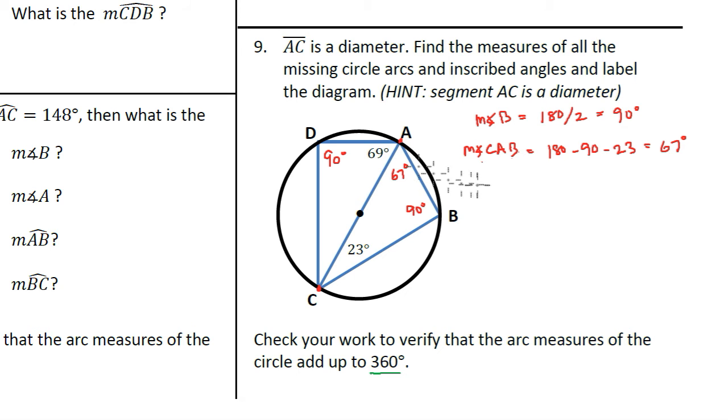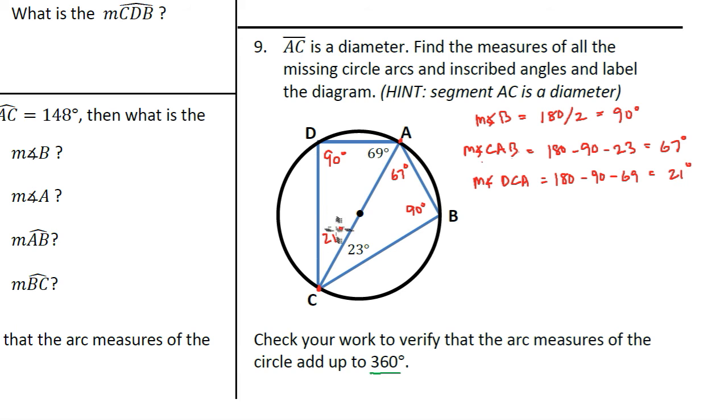There's that angle. Now let's find the measure of angle DCA. The measure of angle DCA, well, that's the same process. Triangle sum theorem, 180 minus 90 minus 69, and that's going to be equal to 21 degrees. So now we've got all the angles of our triangle. It should be no problem at all to find all the measures of our arcs.